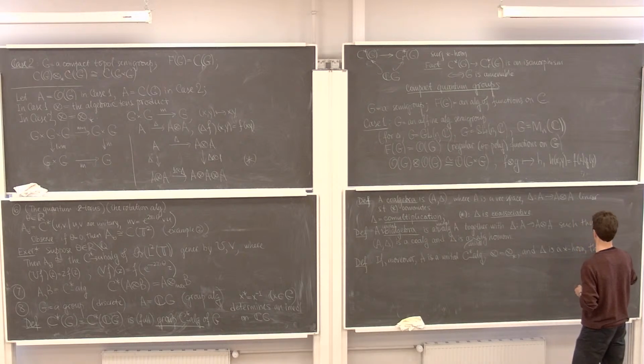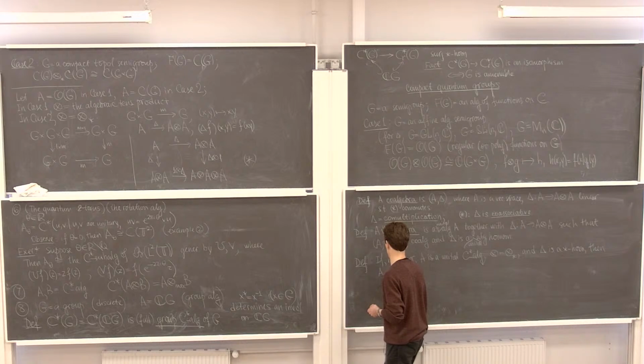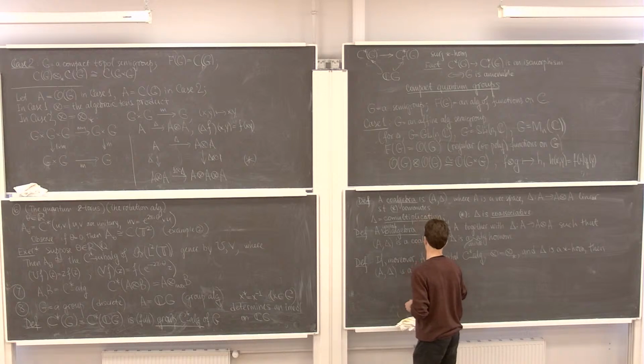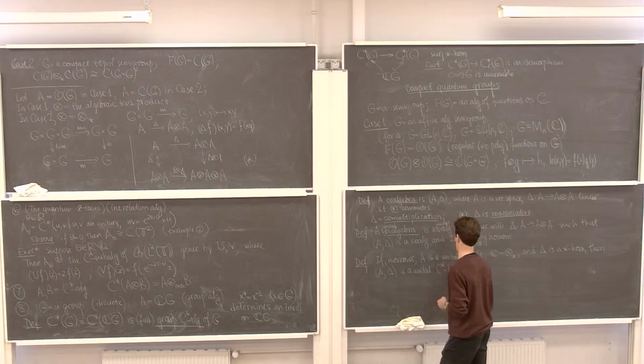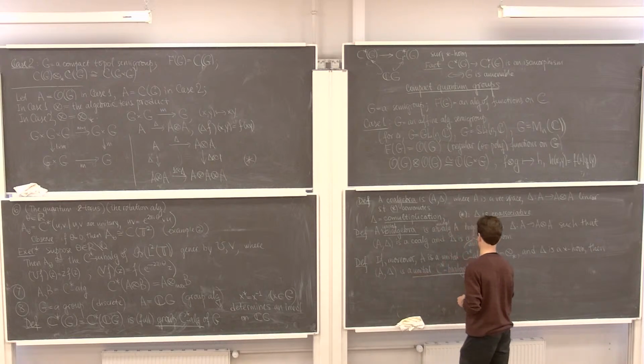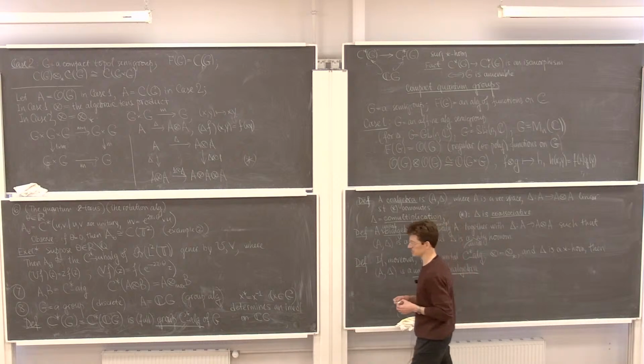Then we say that A together with delta is a unital C-star bi-algebra. We will not consider the non-unital case.